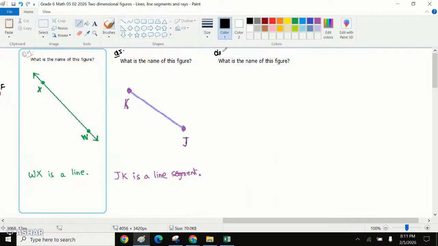So in question number 6, we have a line which has an arrow and a dot. Thank you, Princely. Thank you, Ashik.